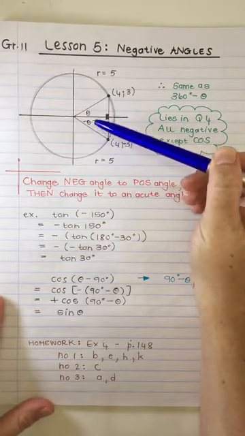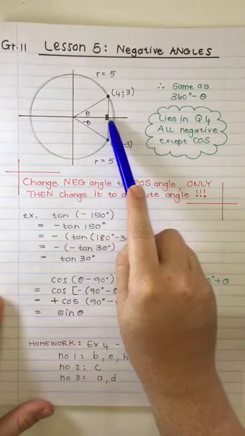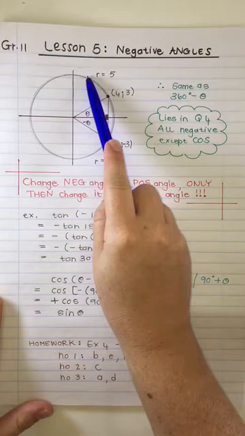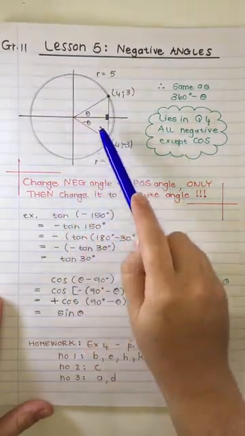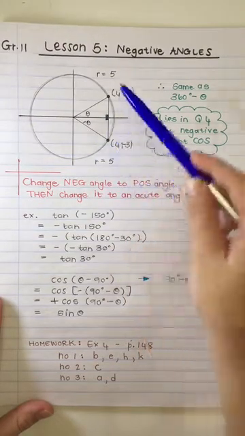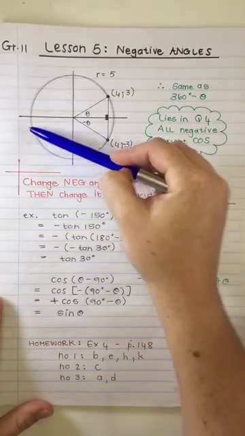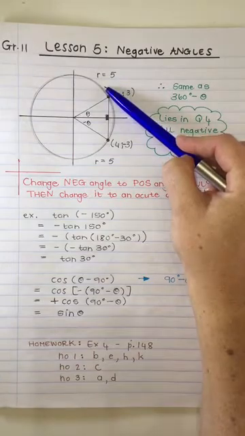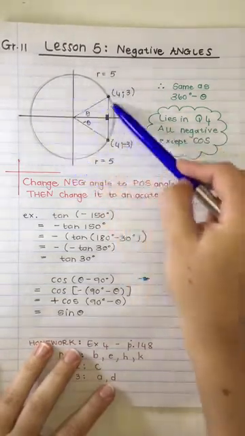When we work with positive angles, we start here and we go in an anti-clockwise direction around the Cartesian plane. But when we work with negative angles, we start here as well, but we work the other way around, in a clockwise direction.